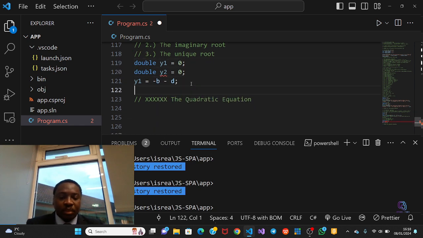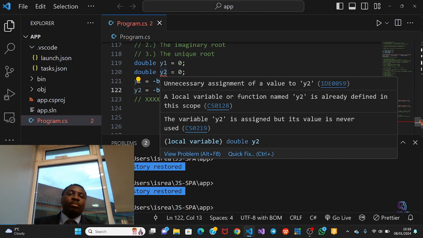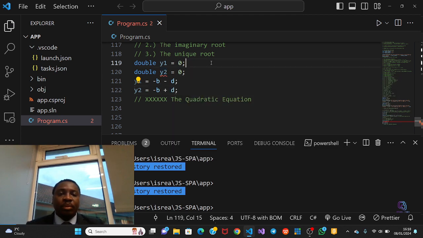y2 is equal to minus b plus d. So it's saying unnecessary assignment of a value to y2.